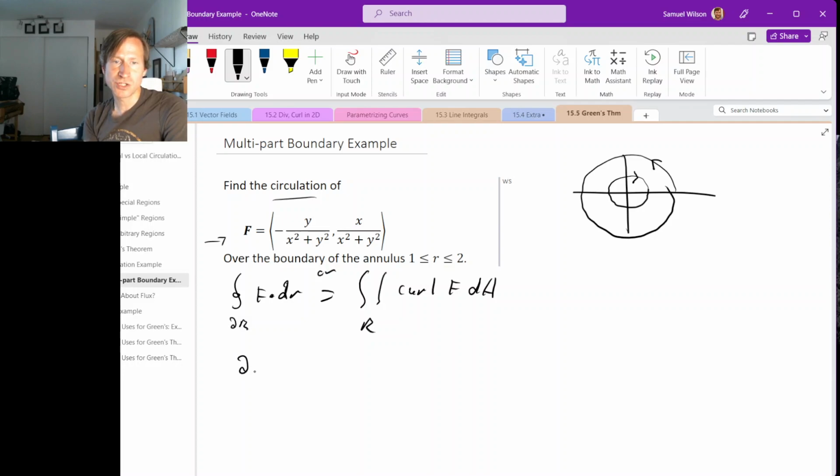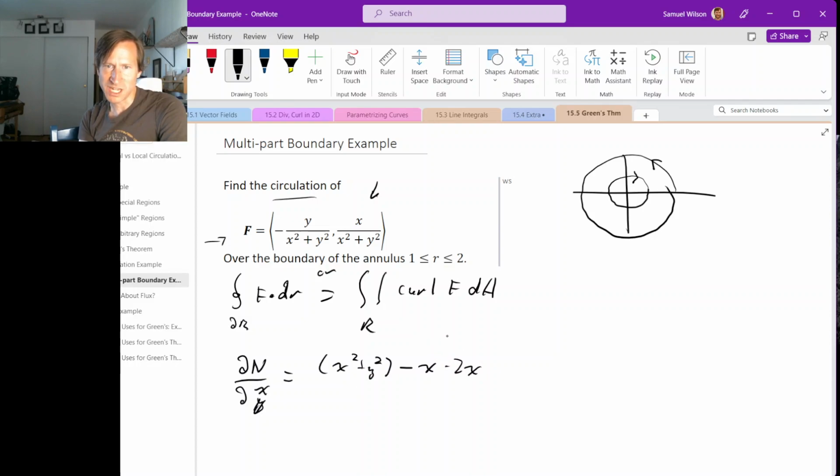So let's see, partial N partial y is, no, I need partial N partial x. So I have to do the quotient rule on N. So it's going to be 1 times x squared plus y squared, minus x times the derivative of the bottom with respect to x, which is 2x.